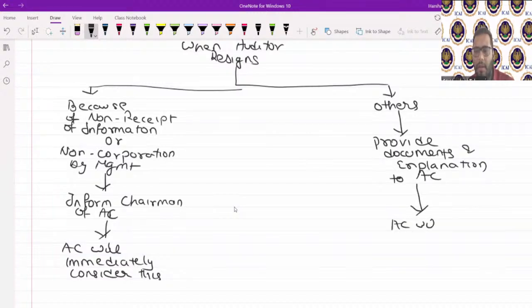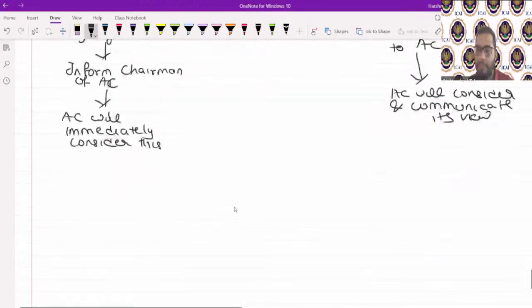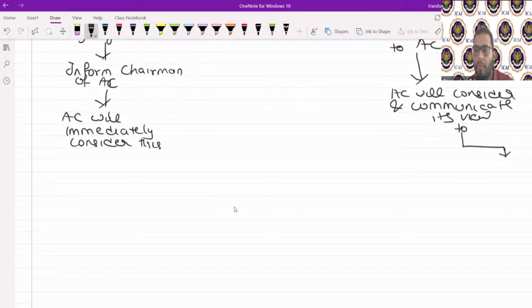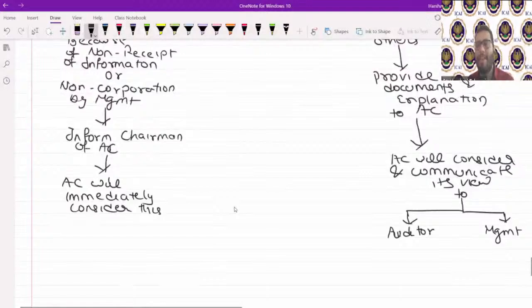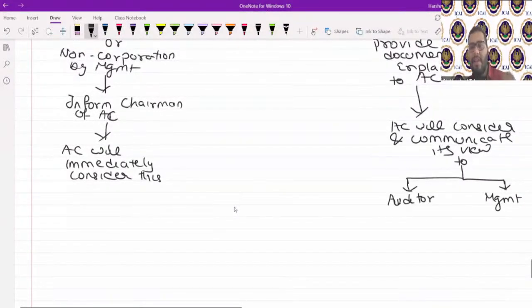The audit committee will consider and communicate its views to the auditor and management. So if there is any other reason, provide documents and explanation to the audit committee. The audit committee will consider and communicate its views to the auditor and management.